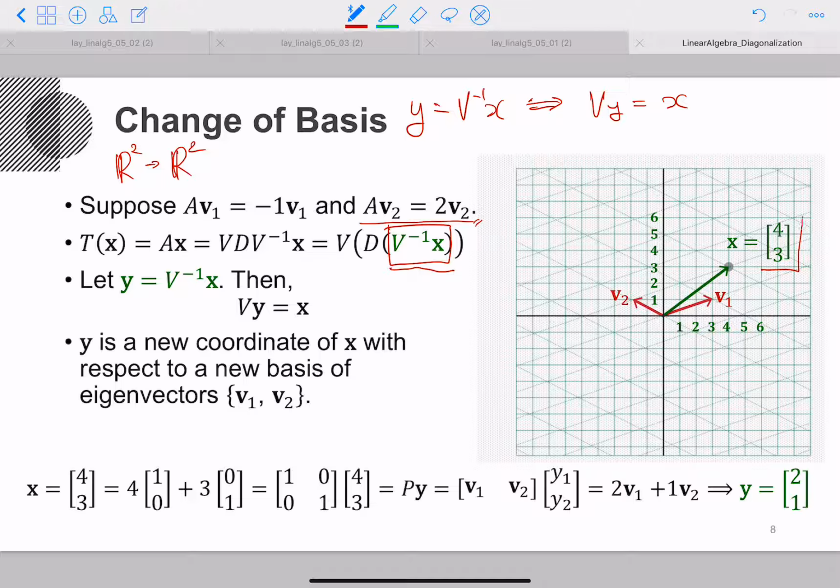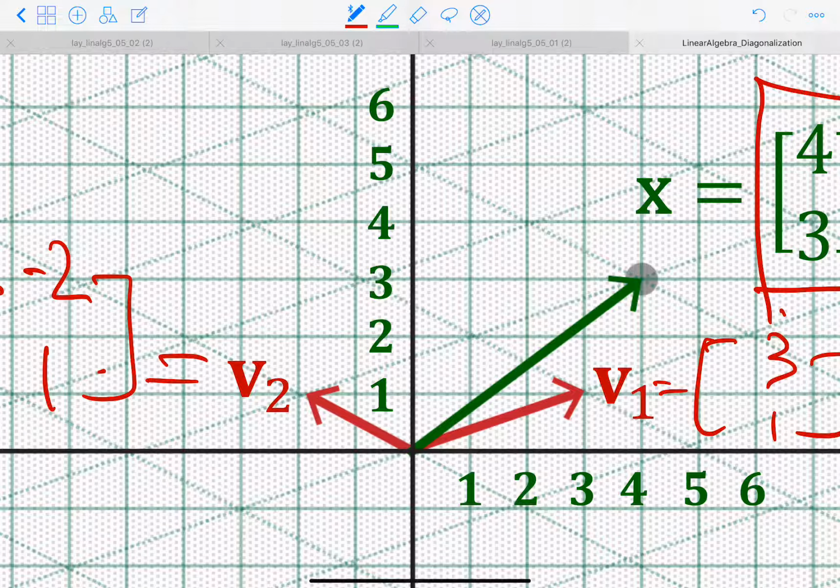So x is 4, 3, and we now represent this 4, 3 as a linear combination of our eigenvectors, right? So V1 is maybe 3, 1 over here, and V2 is -2, 1. Okay, by looking at this point over here.